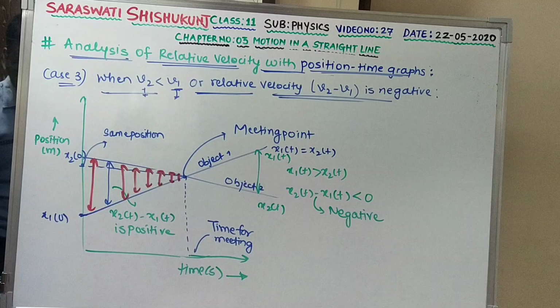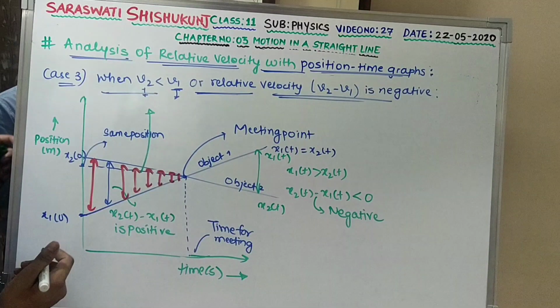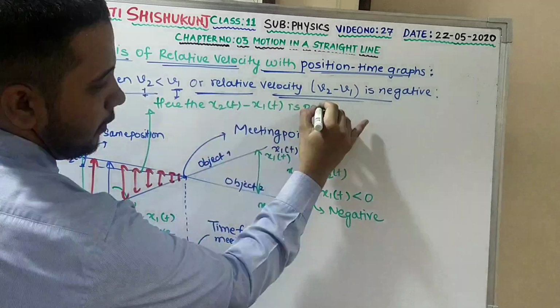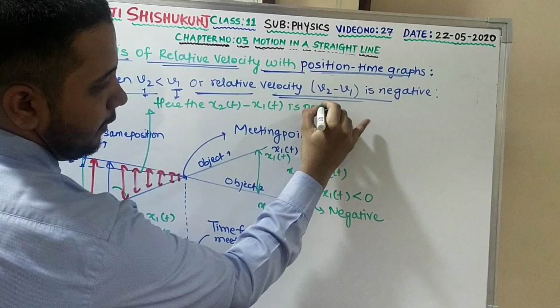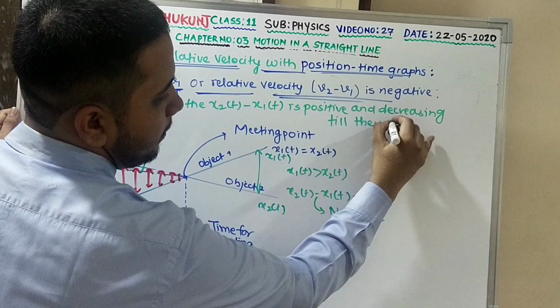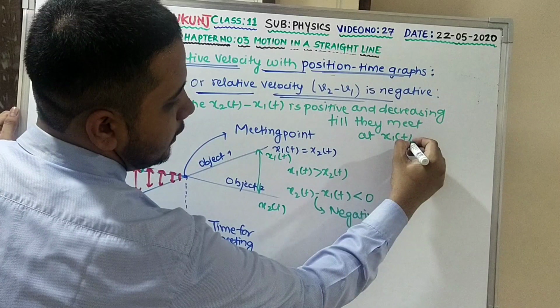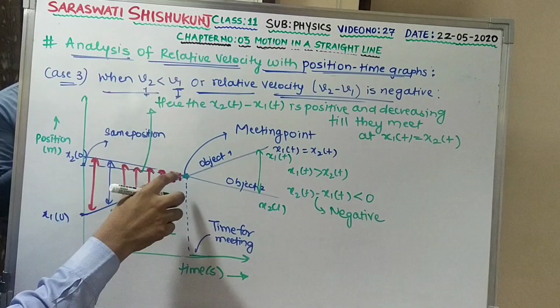Yes or no? It is decreasing. So here you have to write the first point. I am explaining the entire theory through the graph only. Here x2t minus x1t is positive and decreasing till they meet at x1t equal to x2t.